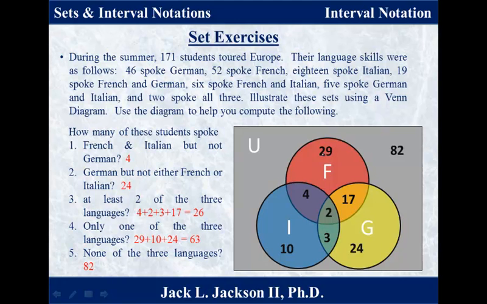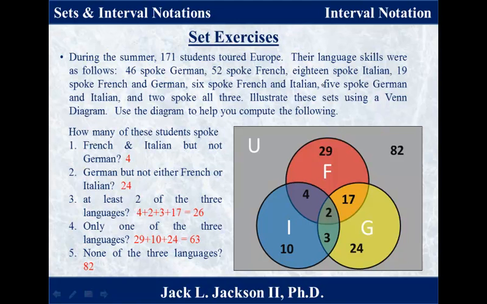So add these 3 up and subtract from 52 to get the 29. If you add all these, 29 plus 4 plus 2 plus 17, we should get 52 speaking French. We add 4 and 2, we get the 6 that spoke French and Italian. We add the 2 and the 17, we get the 19 that spoke French and German, and of course the 2 that spoke all 3.